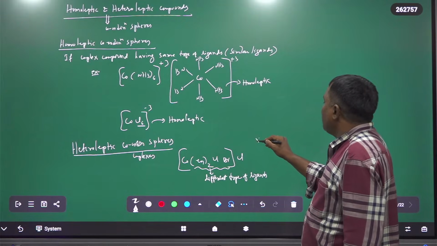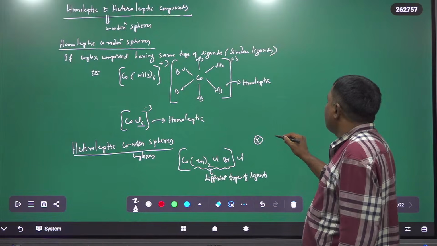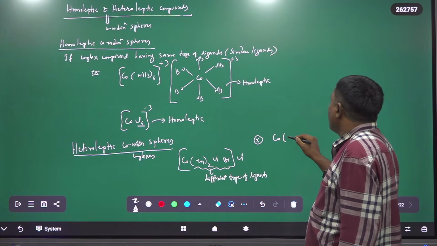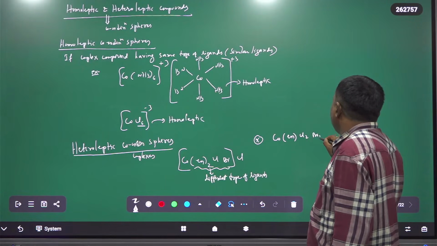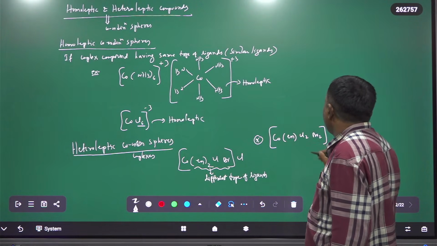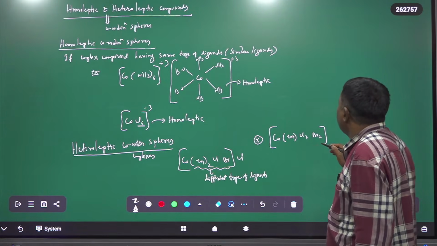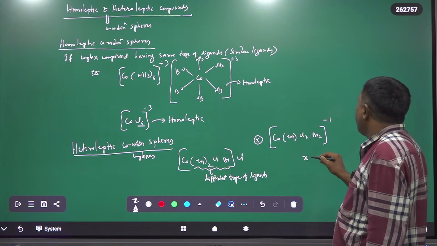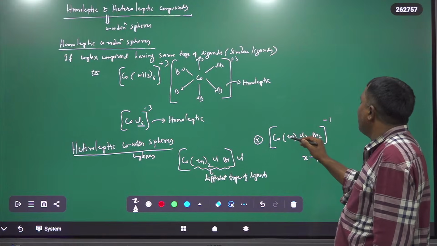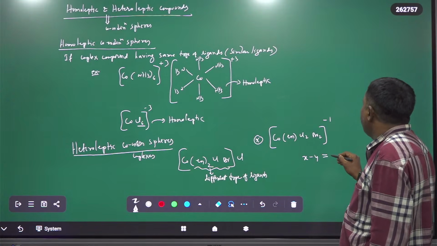One more example for the heteroleptic. Suppose [Co(en)Cl2Br2]. So what is the oxidation number? X minus 4 is equal to minus 1. En is the neutral ligand, Cl is minus 1, so minus 1 into 2 is minus 2, and Br also minus 2, therefore totally minus 4, equal to minus 1.